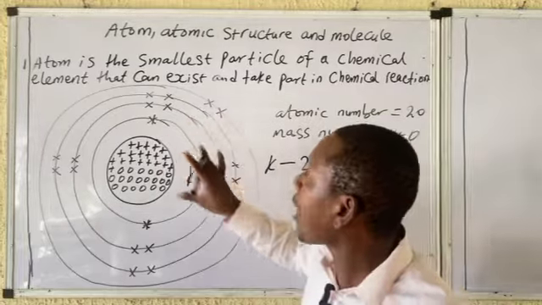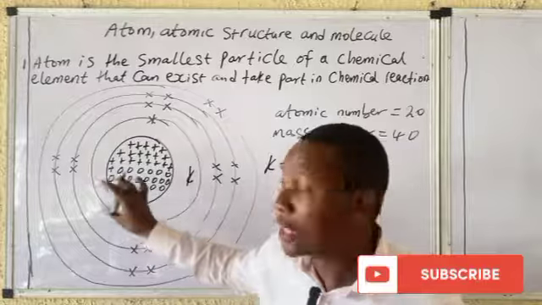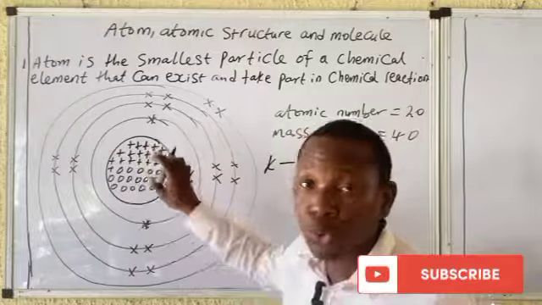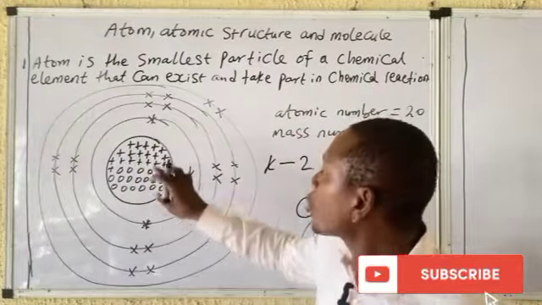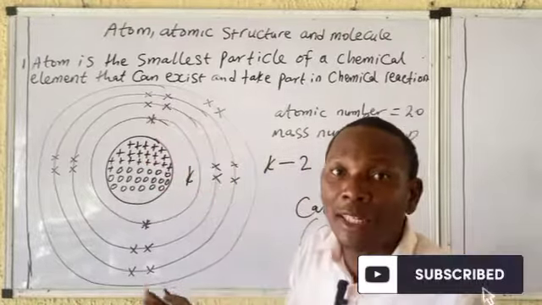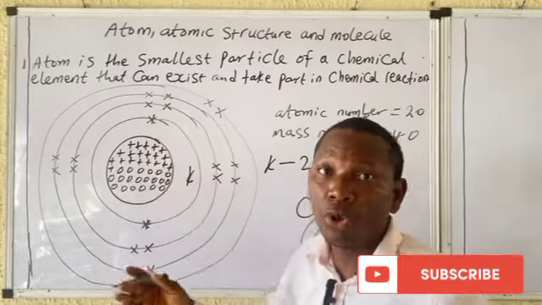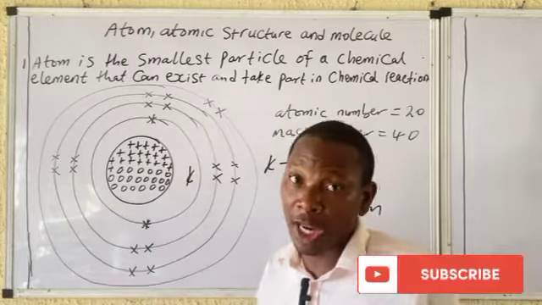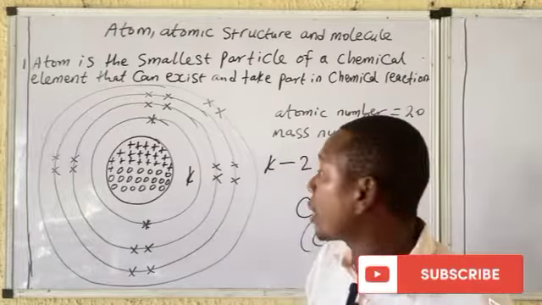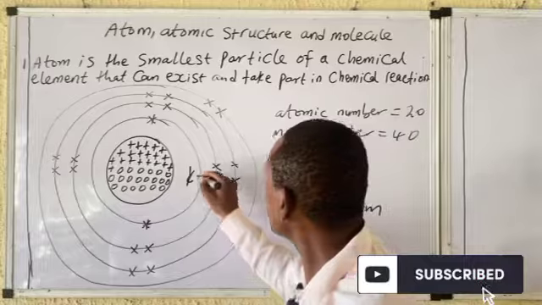So it means that we'll have 20 electrons, just the way we have 20 protons. Now note, because we have 20 plus and 20 minus, the atom is neutral in its natural state because the positive will cancel out the negative charges. So it's actually neutral.